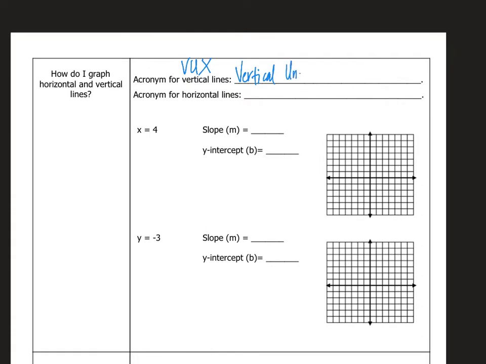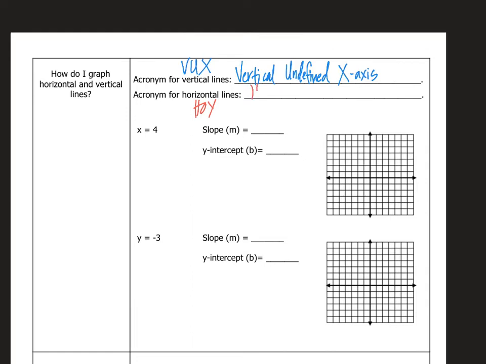U stands for undefined because we're going to have an undefined slope. And then X stands for X, but then also X-axis. Because whenever you have a vertical line, it's going to say x equals whatever the number is where it crosses through the x-axis. Okay, when we have horizontal lines, the acronym that we're going to use is HOY, H-O-Y.